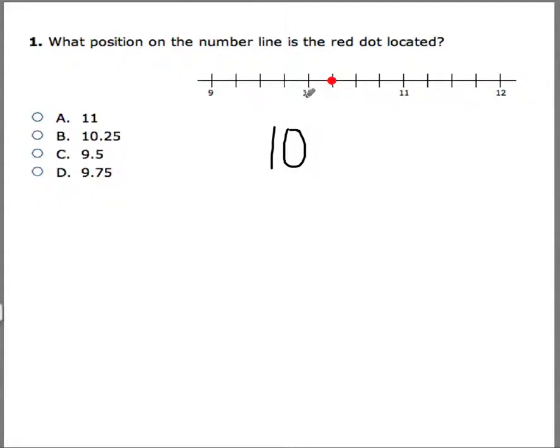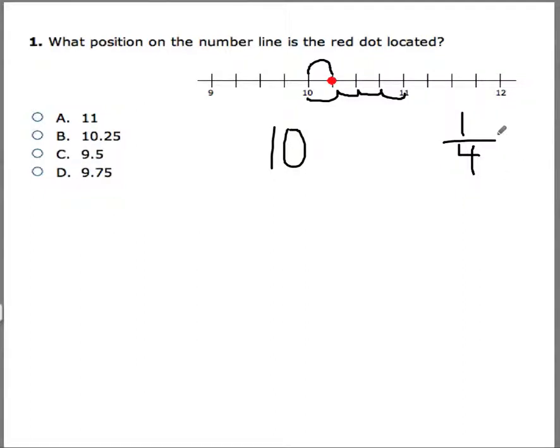Remember when we did the other page, we counted the segments or parts between numbers, so let's do that again. 1, 2, 3, 4. So the denominator here is going to be a 4. When we count from the 10 to the red dot, we get 1. That's 1/4.